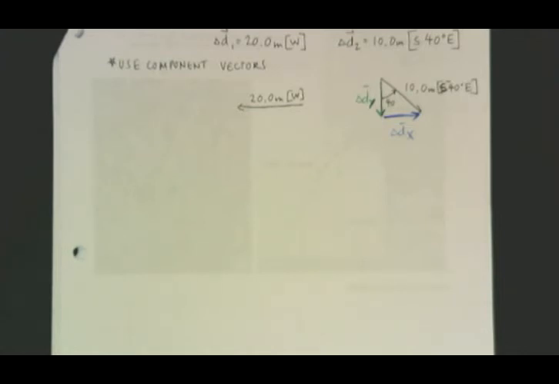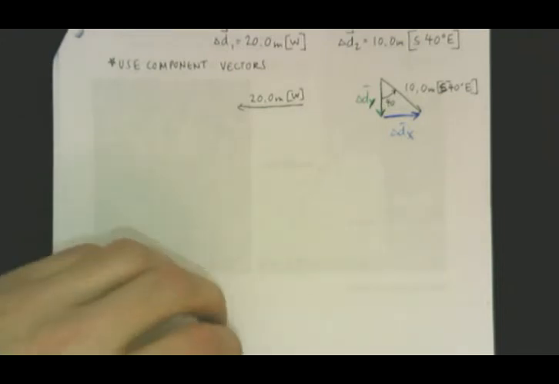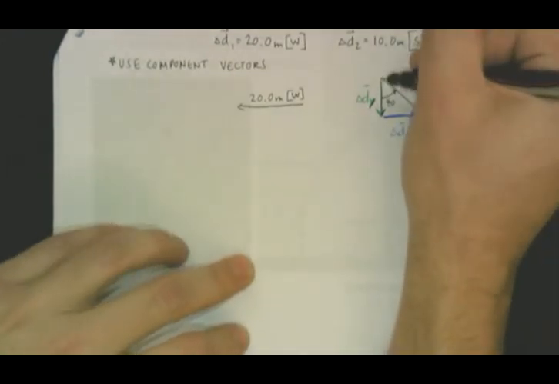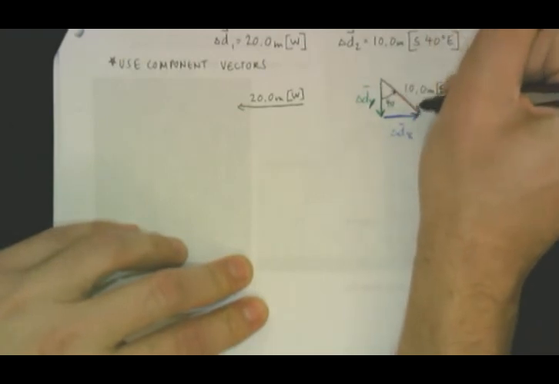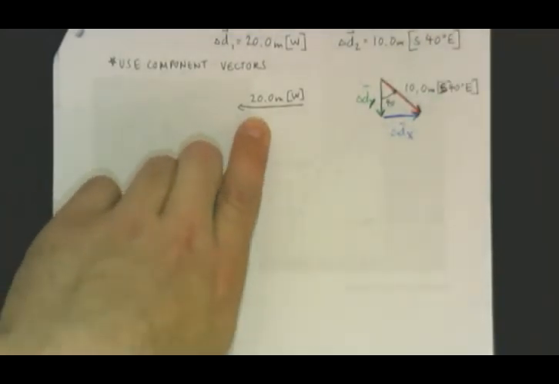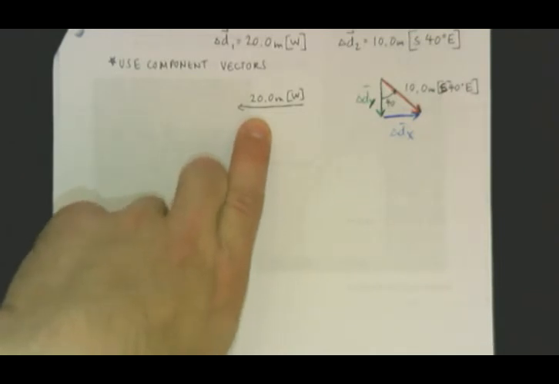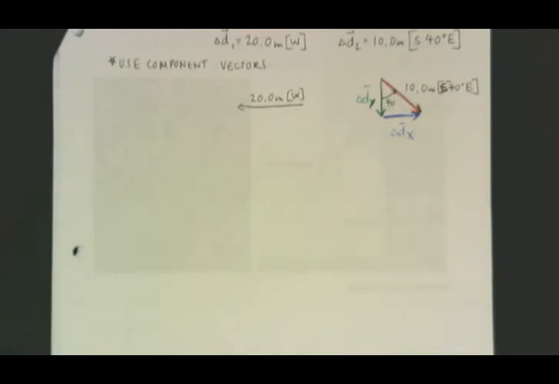Now I started with this one because it's the one that looks most like the previous example, where this vector here can be broken up into an x and y component. But there's something different about the other vector, delta d1. Does it have any vertical component to it? No. So all of this vector is the x component.